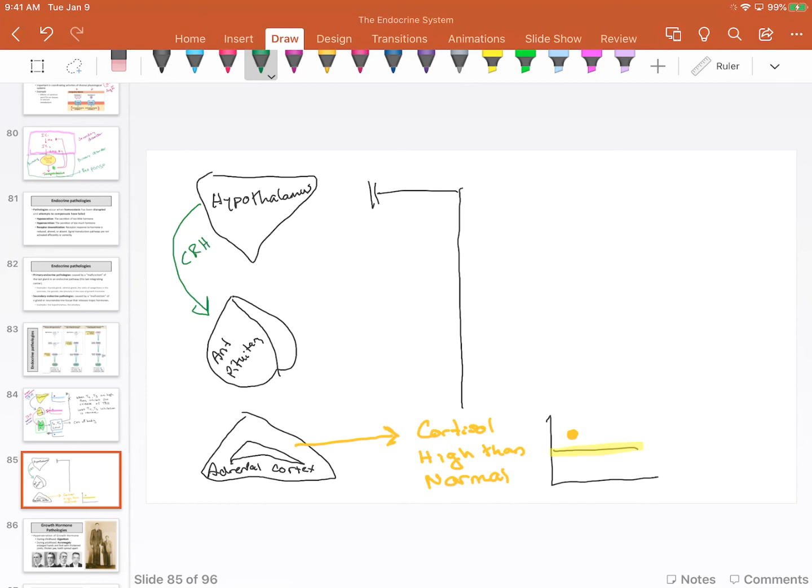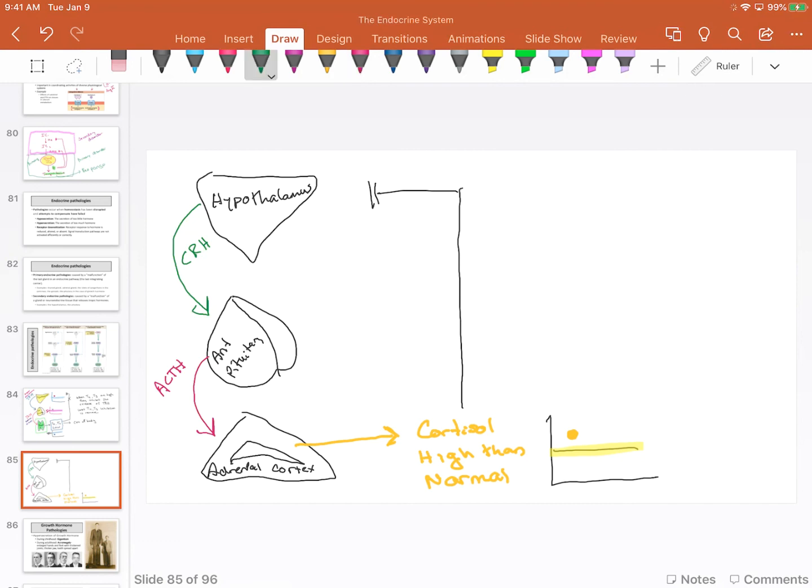Of course, CRH from the hypothalamus is going to control the release of ACTH from the pituitary. Okay. So with cortisol higher than normal, I would expect my CRH to be lower than normal.